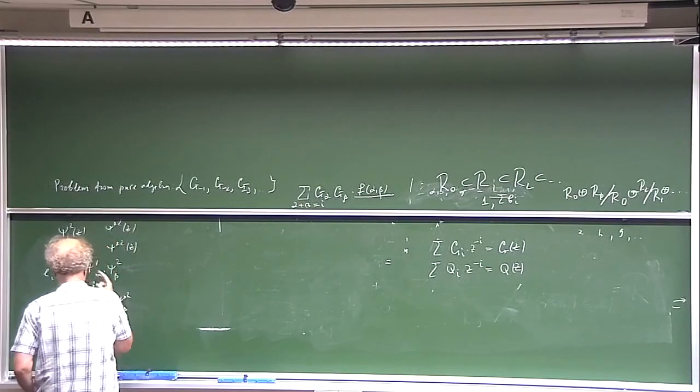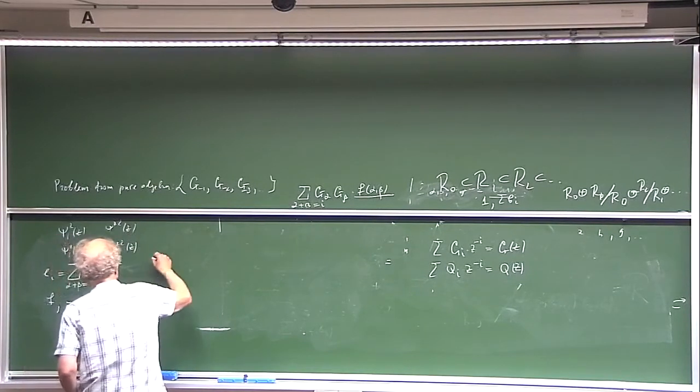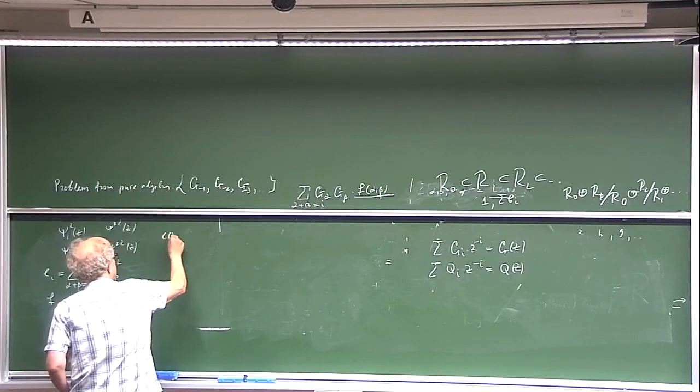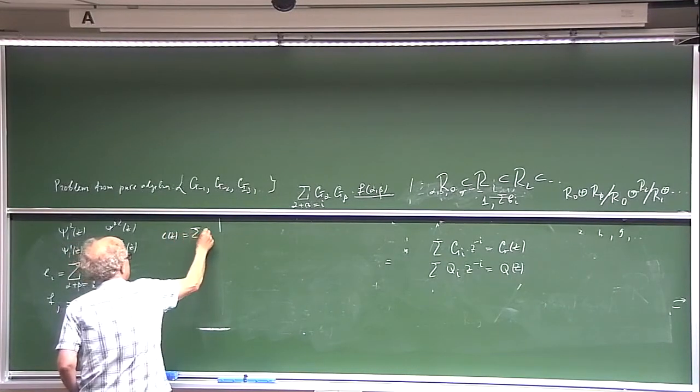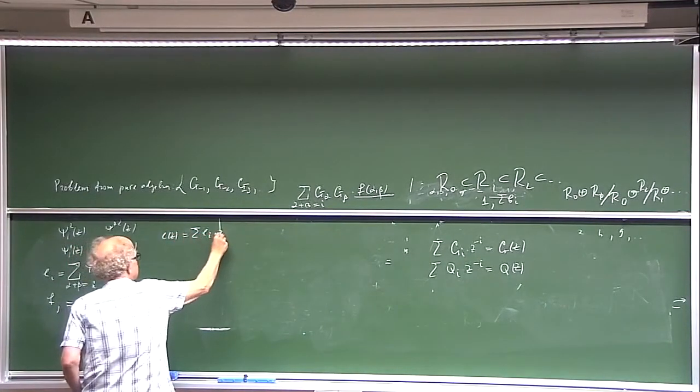First of all, EZ, which is the sum of Ei z to the minus i.